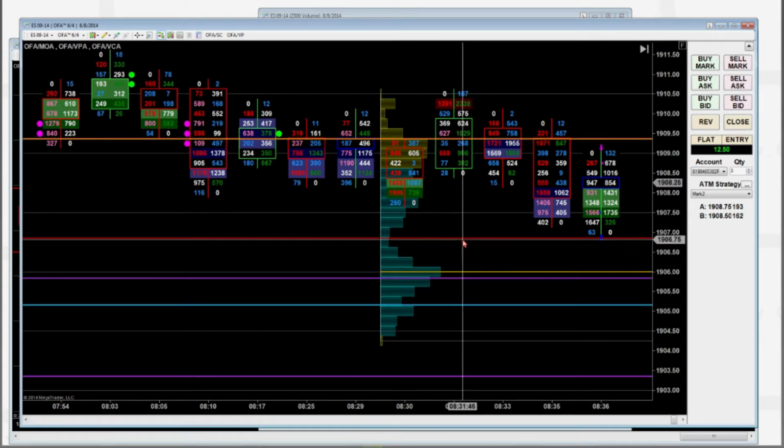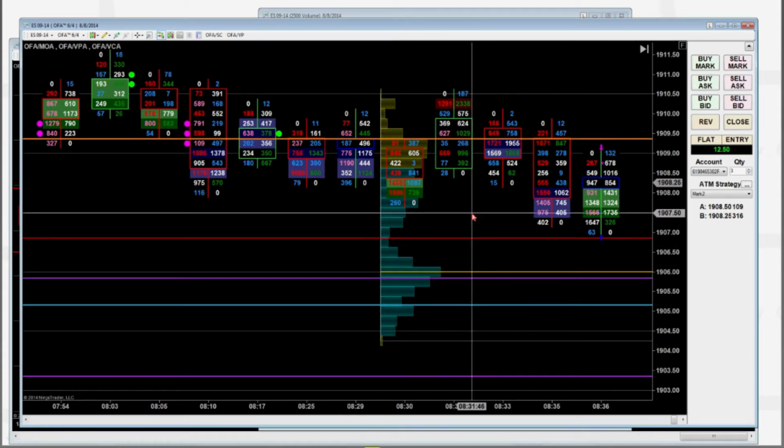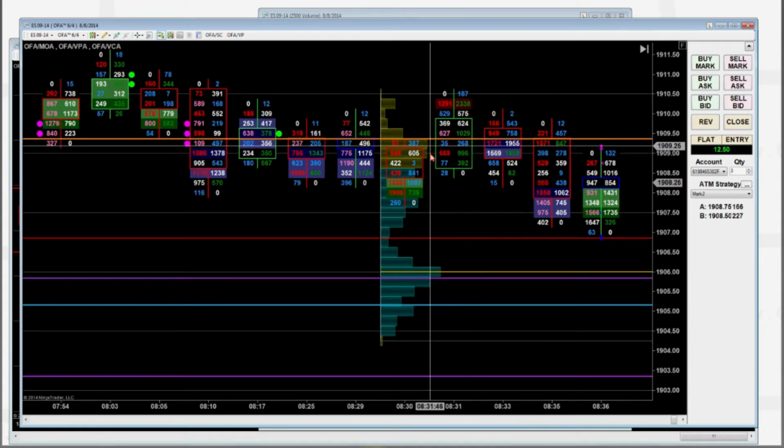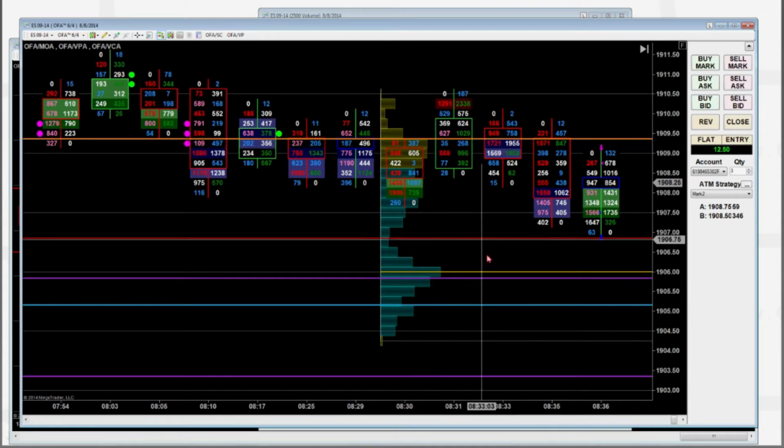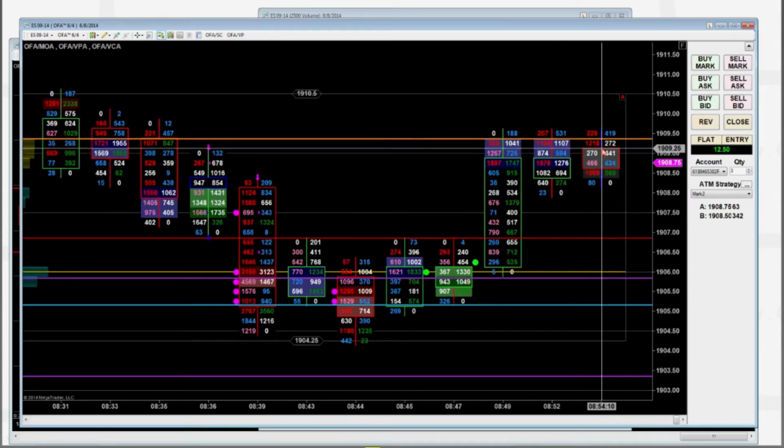So my point is, if it was going to come through here, price was most likely coming back up to this high volume area, to 1909, 1909 quarter. And there it is.